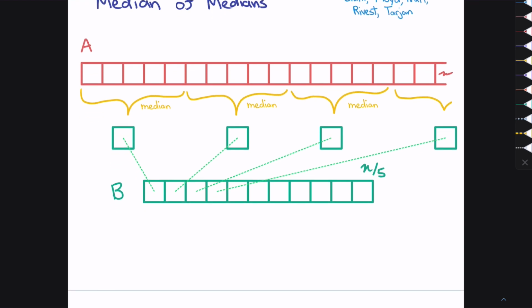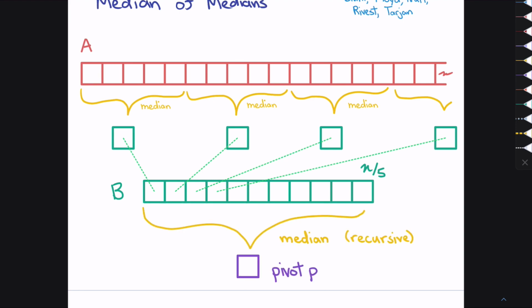Then we're going to recursively compute the median of this n over 5 using select. For groups of 5, it's very easy to find the median, and we leverage that to get a smaller subset of the data, B. The critical thing is that B is much smaller than A, because it's only n over 5.